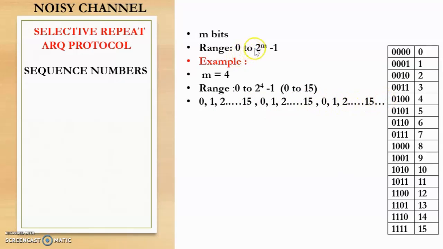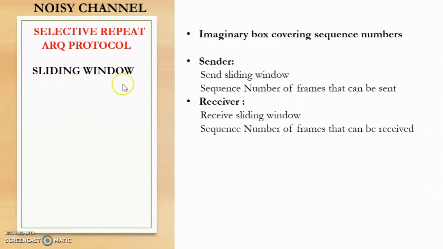The reason it is from 0 to 2 raised to m minus 1 is that, suppose the sequence number is of 4 bits, then only 16 combinations are possible, that is from 0, 0, 0, 0 till 1, 1, 1, 1. So in decimal it will be from 0 to 15. Next, let us discuss sliding window in Selective Repeat ARQ protocol.